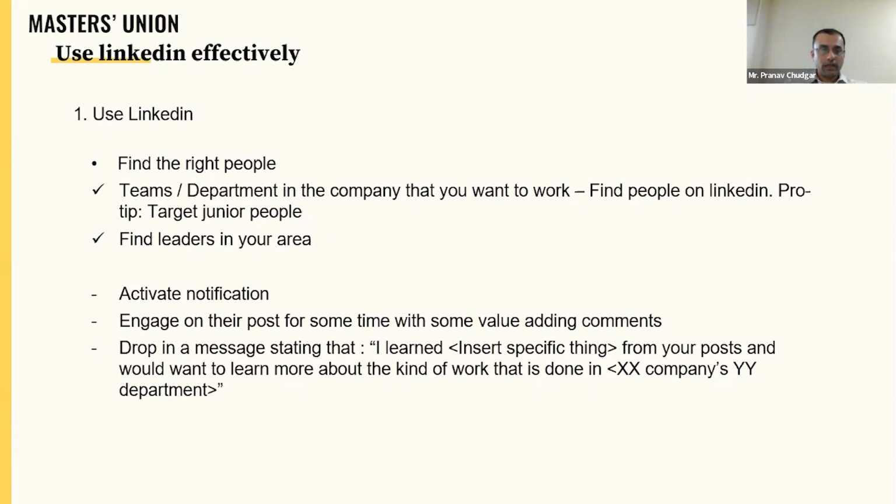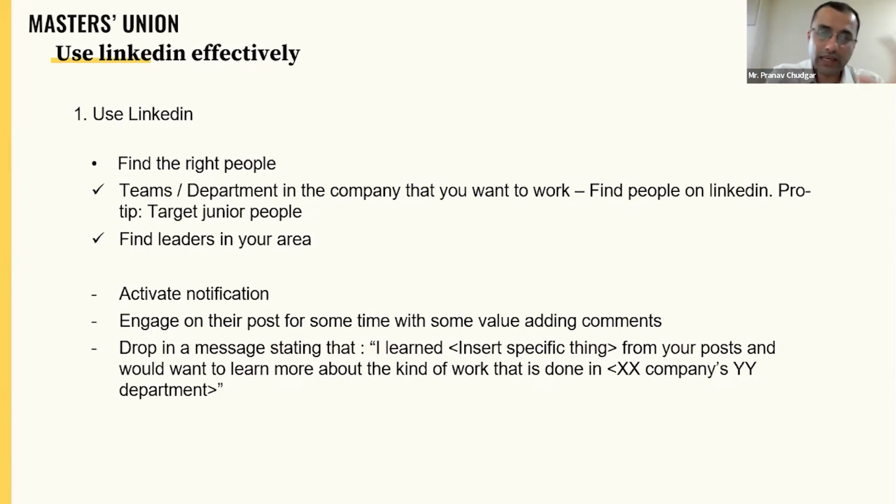But if you are looking for people who would be that right person, what you have to do is figure out the area that you want to get into. It could be finance. Within finance, you want to get into equity research, or front office trading, or analytics or macroeconomic research.